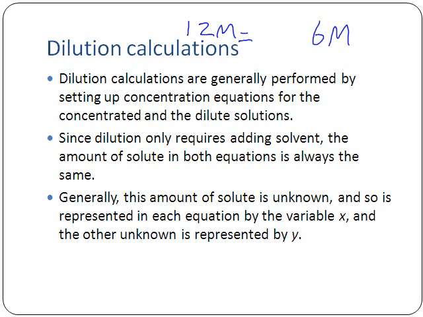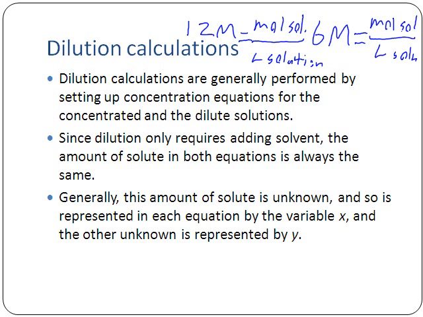Since they're both molarity, remember what the rule is for molarity: it's moles of solute over liters of solution. And then I do the same thing over here for my 6 molar: the number of moles of solute over the number of liters of solution.